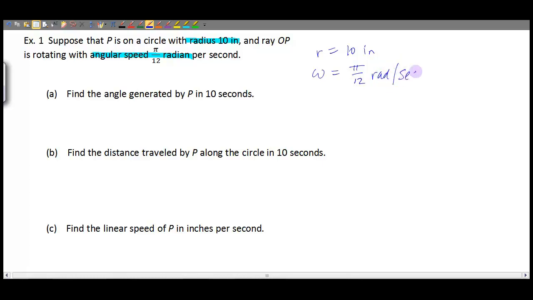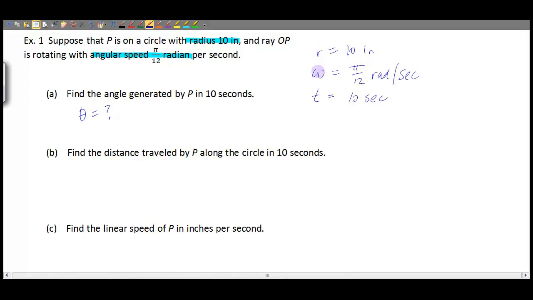radians per second. Finally, in this first example 1a, I want to know what the angle generated is when I'm given time as 10 seconds. So I'm looking for theta.